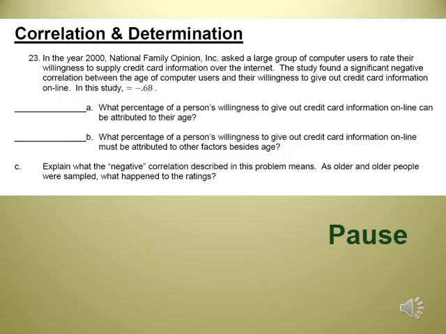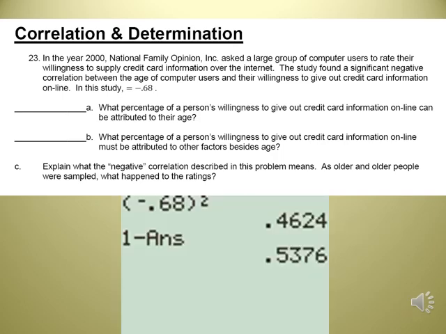There's like a whole page in that worksheet that deals with correlation and determination. And again, this will be a place where you might want to pause the video. You're going to be finding R squared and then answering some other questions related to that. So this first one, it's asking about people's age and their willingness to give out credit card information over the internet.